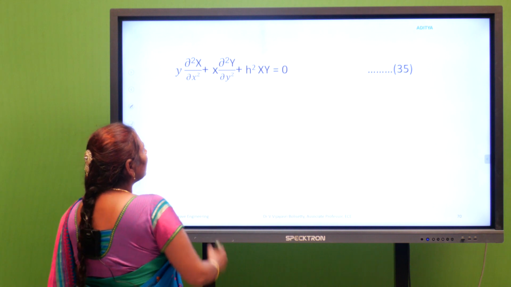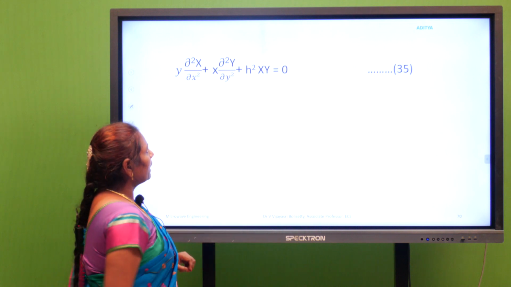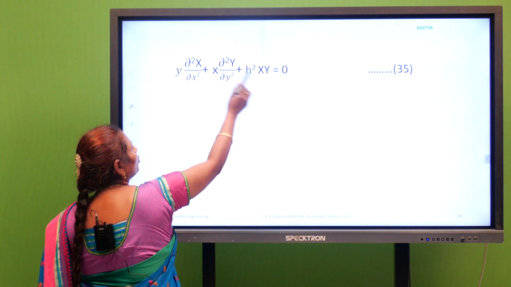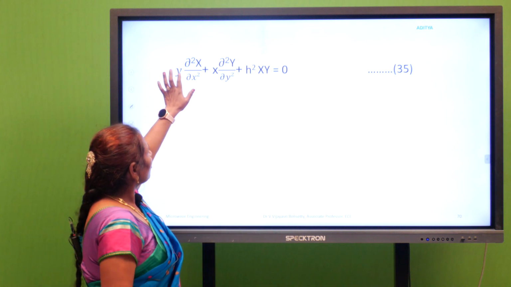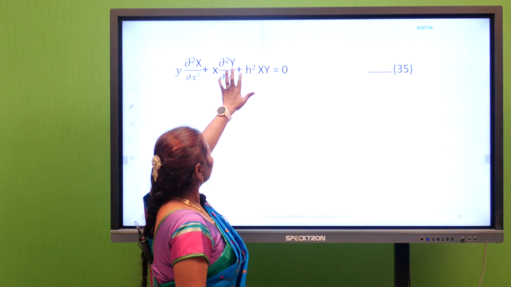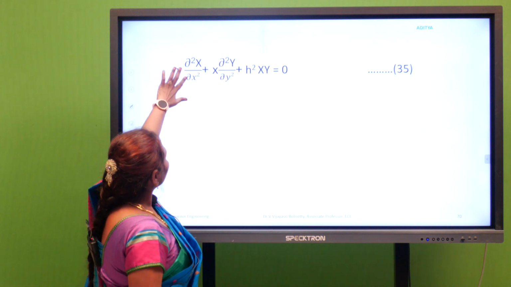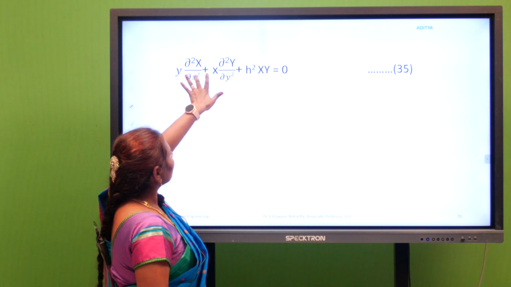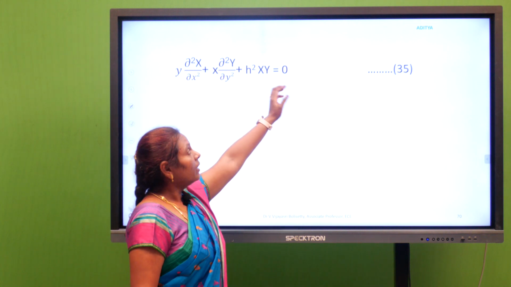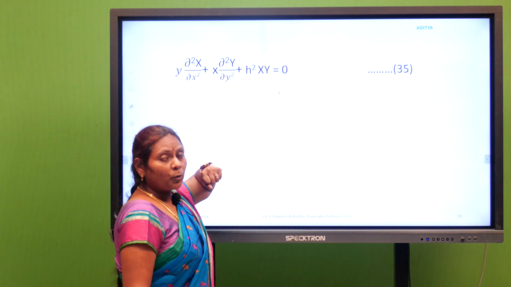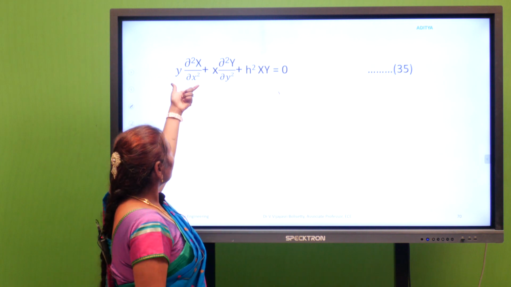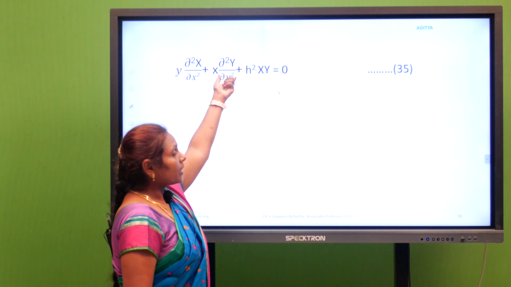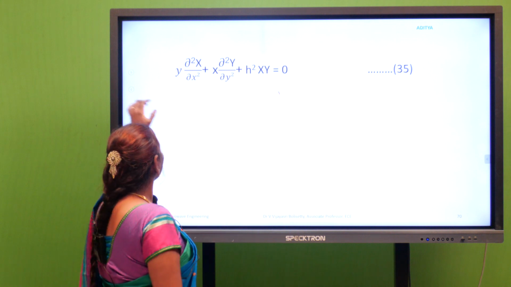Now, divide this entire equation by XY. Even though it is a combination of both x and y, if you divide the entire expression by XY, the third term becomes a pure constant, the first term becomes a pure function of x, and the second term becomes a pure function of y.